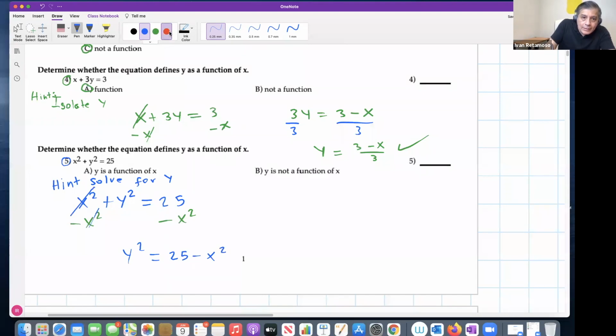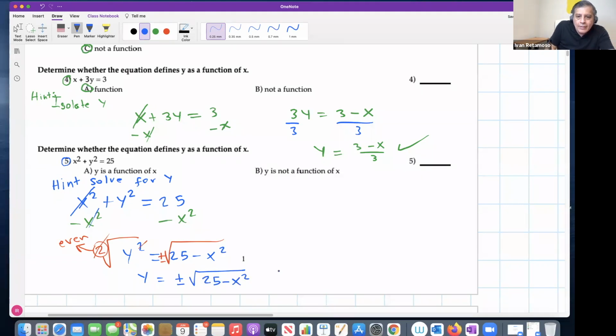But now, when you take square roots on both sides, since this index is even, this is the whole reason why we're going to put a plus minus here. If this index is even, you have to put plus minus. So this takes care of this, but you pay a price. You end up with plus and minus the square root of 25 minus x squared.